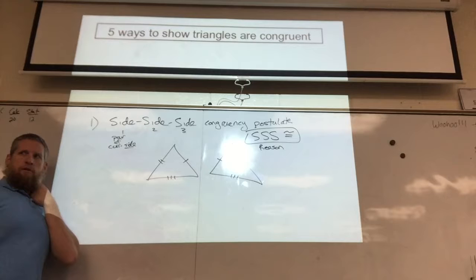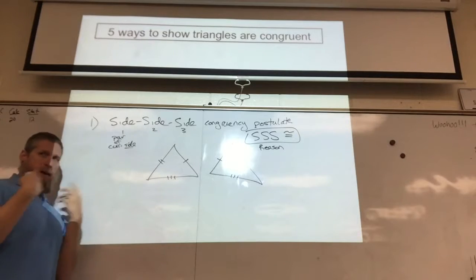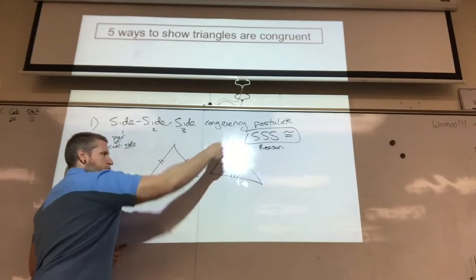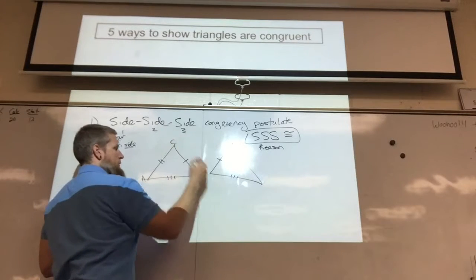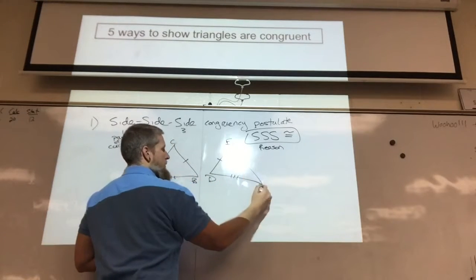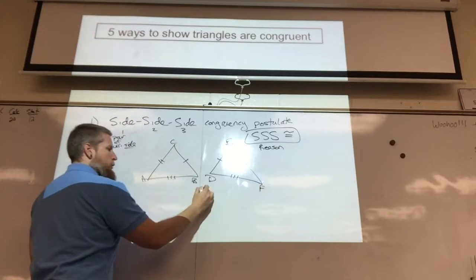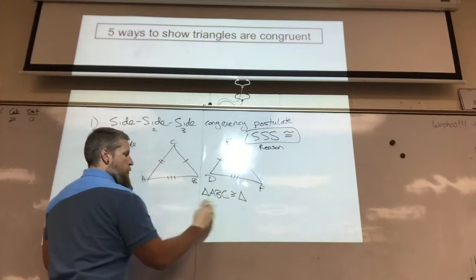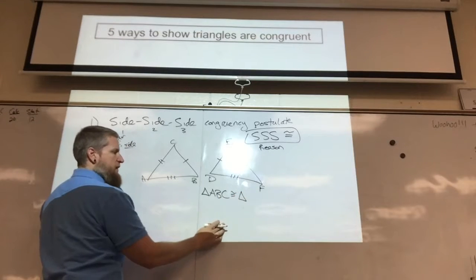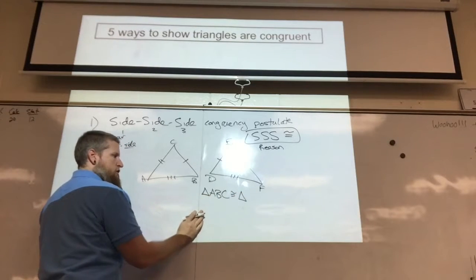And just remember, if I put labels on the sides, with the letters, when I write out my congruency statement, the order of the second set has to match up with the order of the first one.